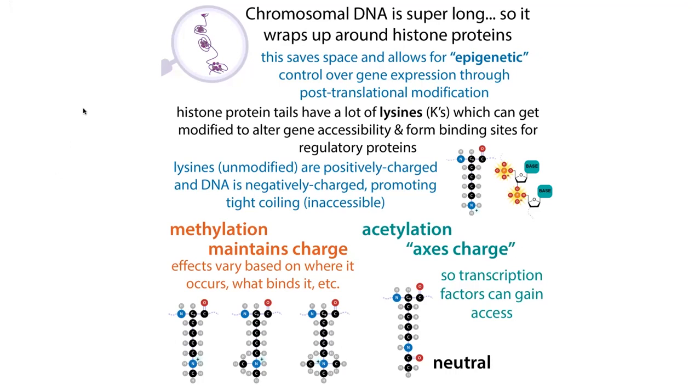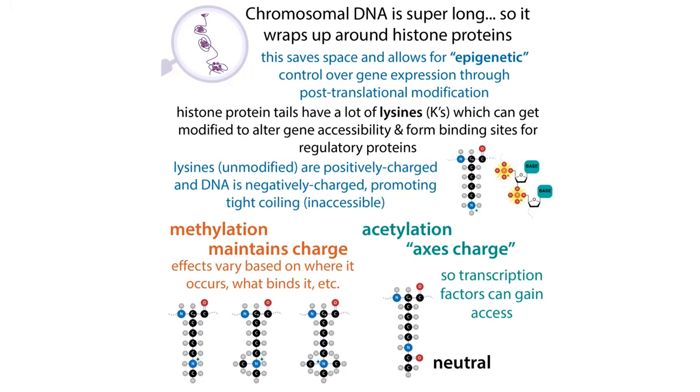In general, acetylation, because you're kind of axing the charge, makes it so that the region of DNA is typically opened up more, so this can increase the transcription. And in the case of methylation, this typically gives you decreased transcription, but it's also going to depend on where the methylation occurs within those histone proteins.